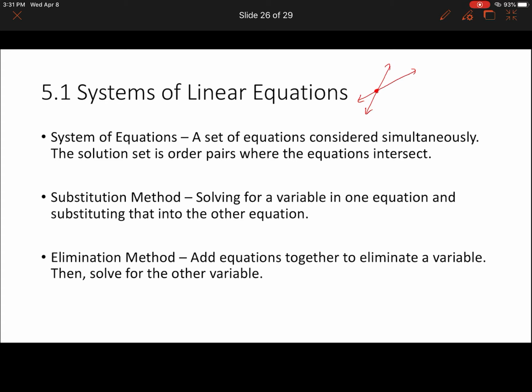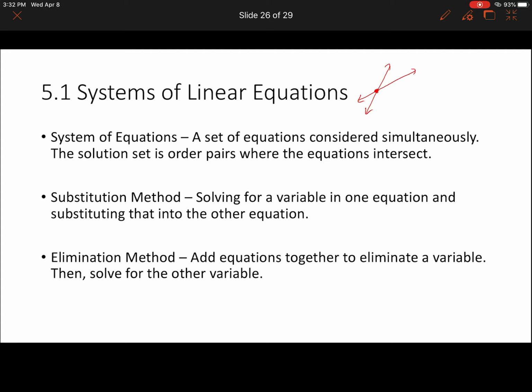And so what I like to do is use the elimination method. This is the method I'm going to show you on a couple of examples today. What it does is it allows us to get the x's or y's to be the same coefficient with the opposite sign, and then add those equations together.